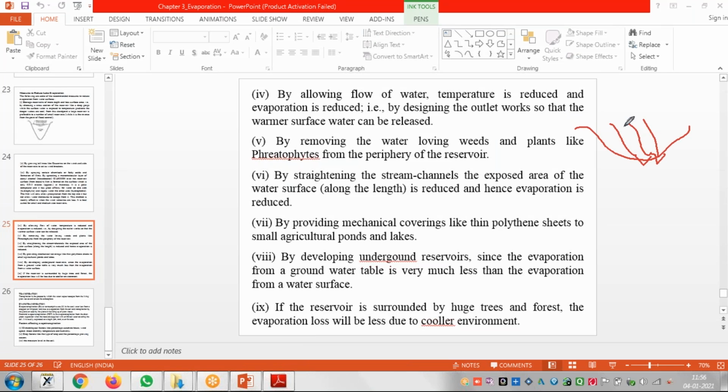Because of the flow, the water temperature will be maintained and the water will not become hot. Once it becomes hot, it will evaporate. So we should allow this water to flow so that the temperature stays low and it does not evaporate.